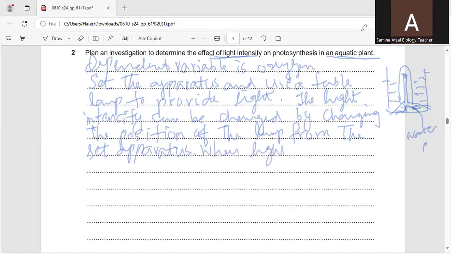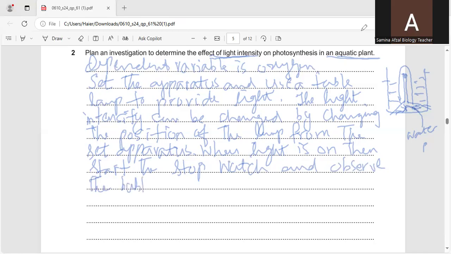When the light is on, start the stopwatch and observe the bubbles producing as a result of photosynthesis. The bubbles can be collected into the test tube.